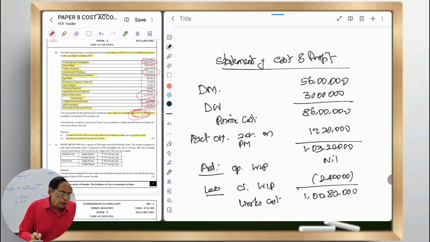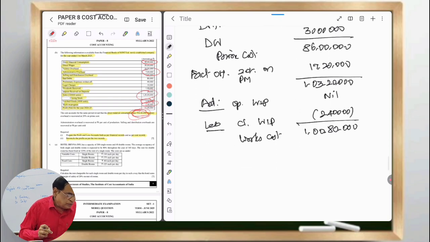And then administrative overheads, we have to find out how many units. Actually in the question itself you can easily find out: 4,000 units closing stock, and sales 1,20,000 units.